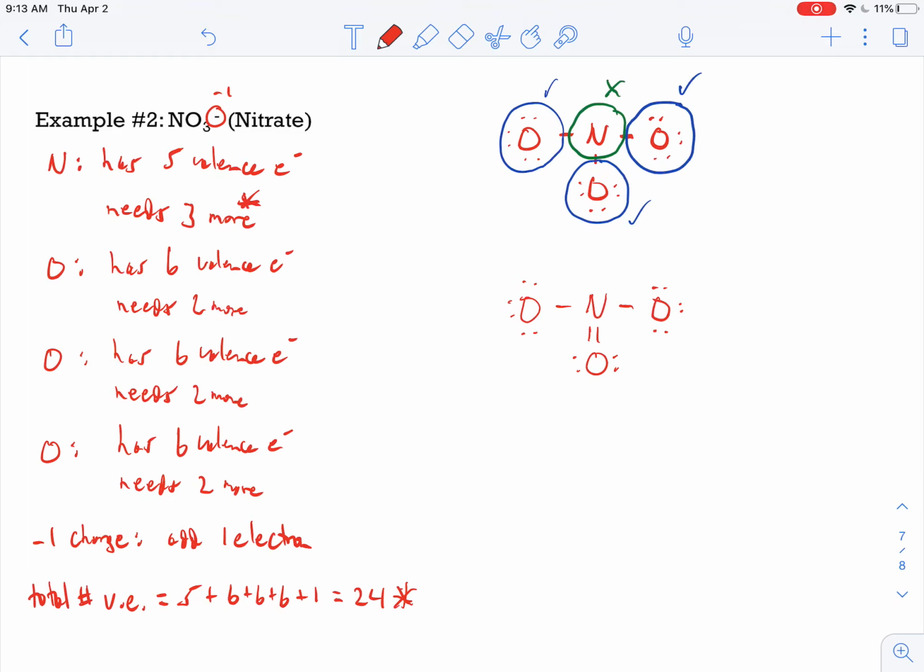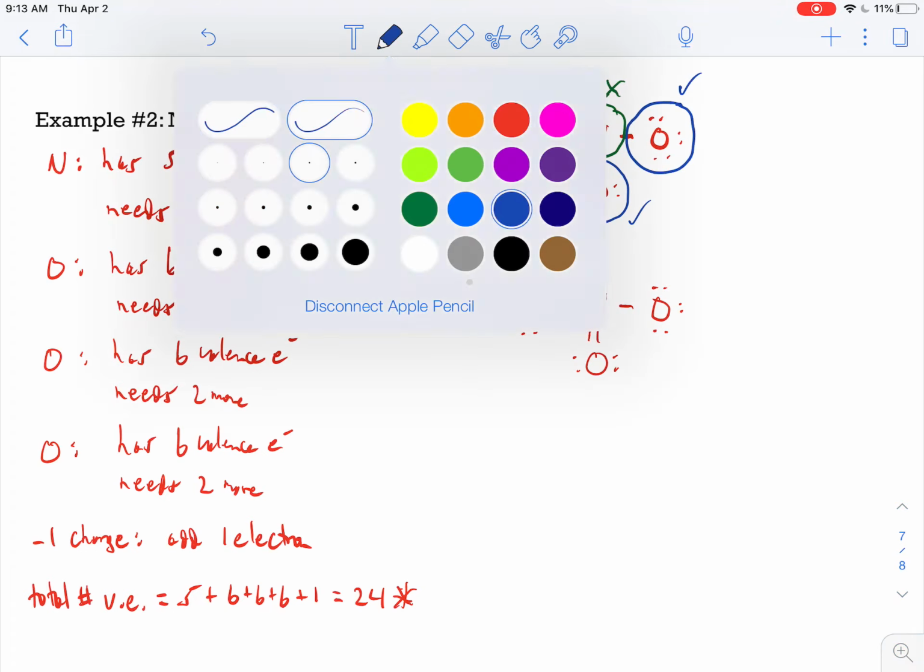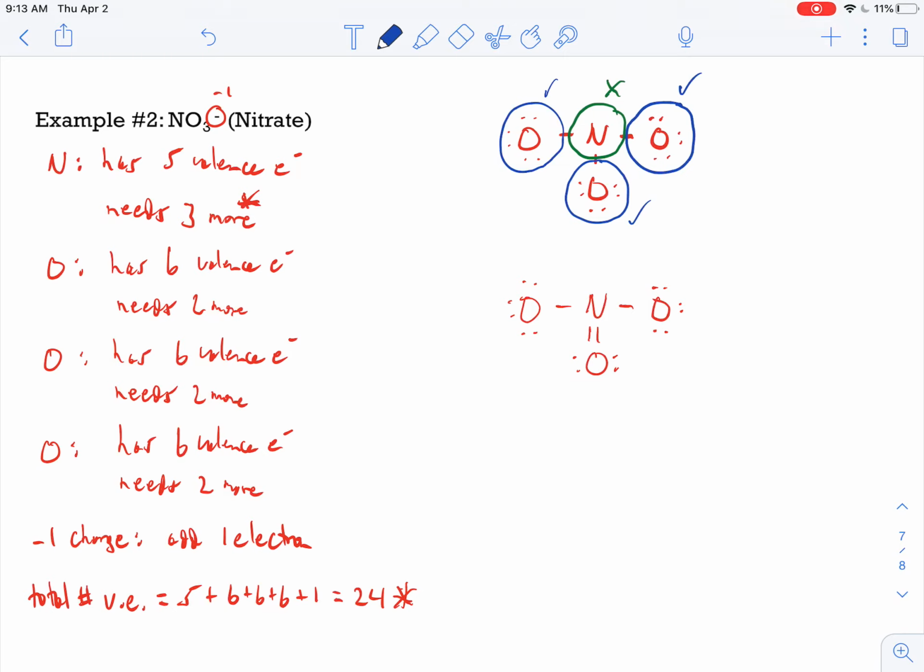And now if I go through and look at our individual atoms to see if they satisfy the octet rule, we're going to look at this oxygen on the right. We have 1 single bond with 3 lone pairs. That gives us 8. We have a double bond with 2 lone pairs. Also gives us 8.